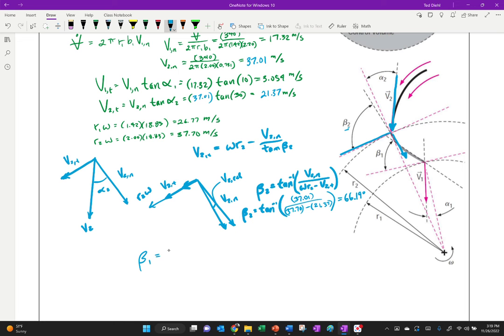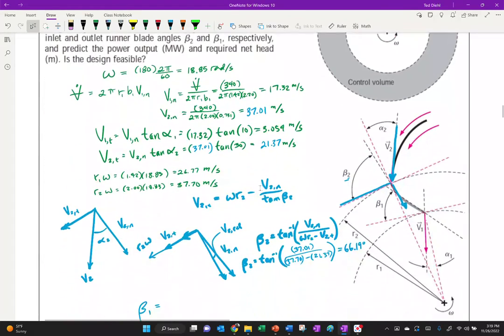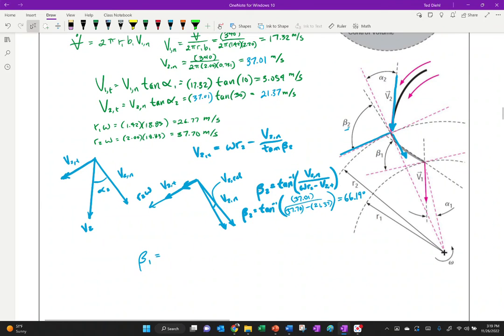Beta 1 is now, all we're doing is rewriting out this equation right there, to find what the necessary beta 1 is, which is this angle right in there, that we can expect this thing to be moving at.